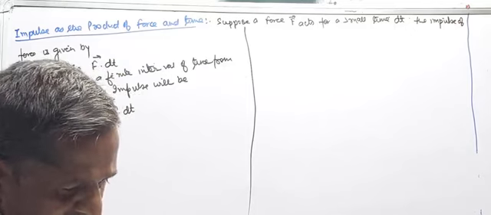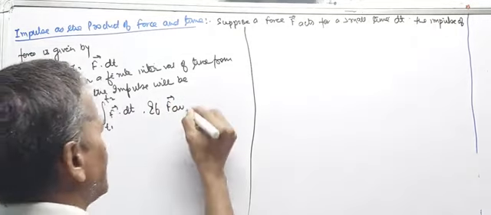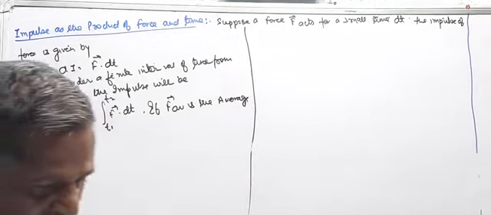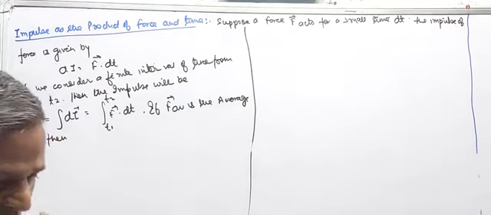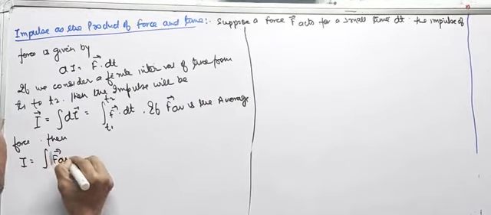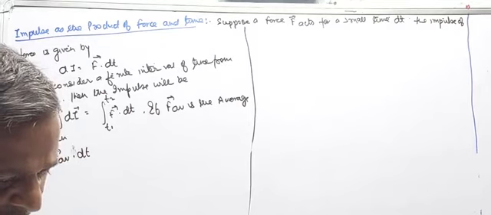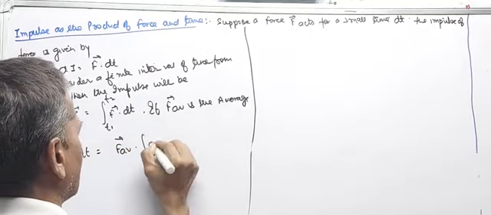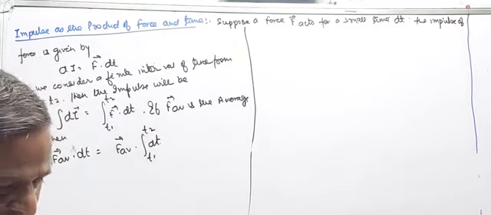If F vector average is the average force, then I equal integral F average dot dt, that is F average dot dt from time t1 to time t2.